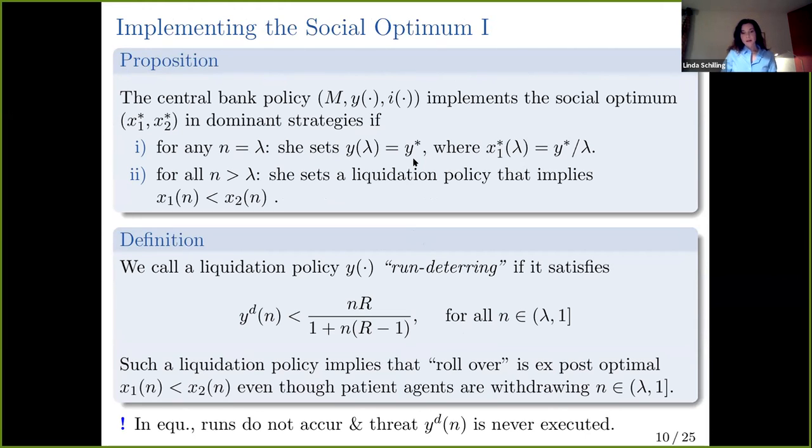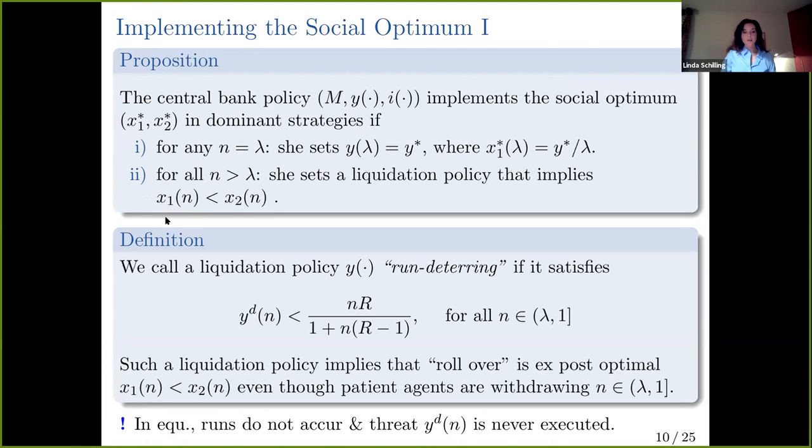The other way around, the central bank has to deter patient agents from spending, and she does so by, if she observes that spending behavior is too large, if she sees that also patient types are spending, taking care that they will regret that. The way to do this is to make the real allocation at time 2 larger, because then, as a patient agent who spent early, she made the wrong choice ex post.